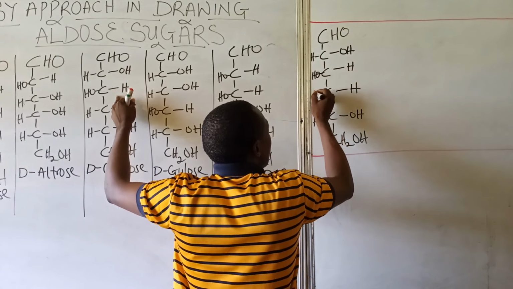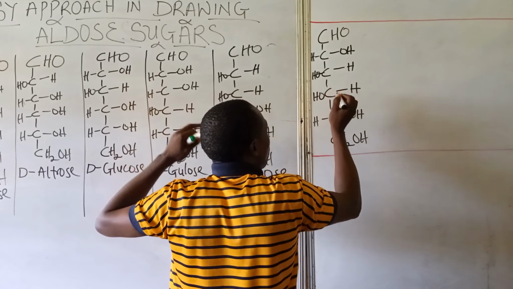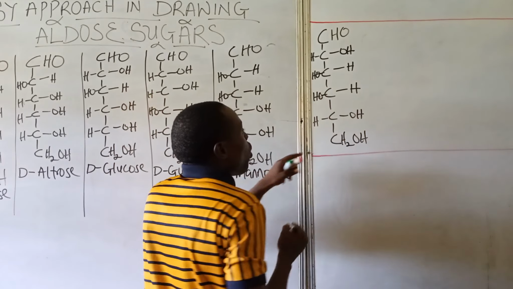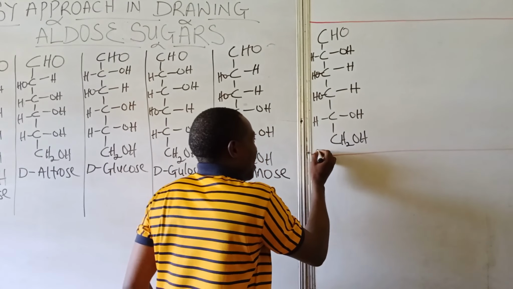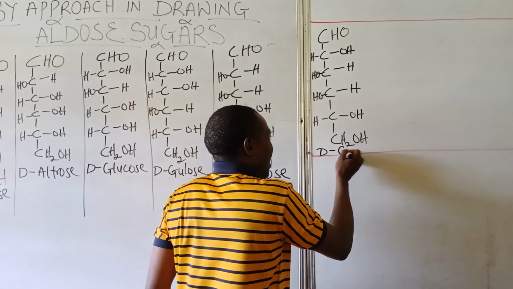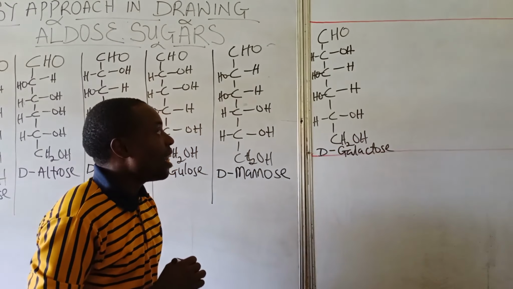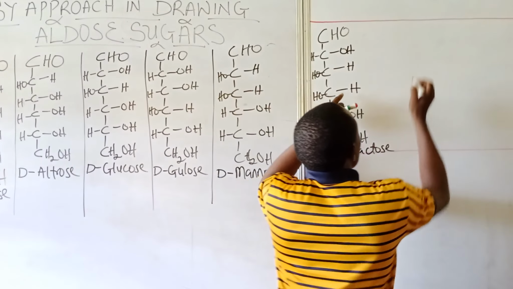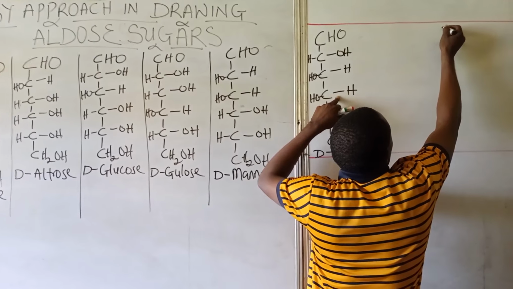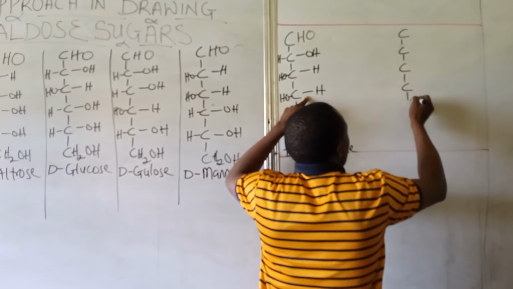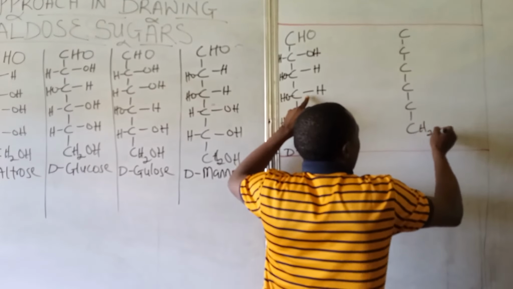It's HO, here is HO. Okay. Now this is what we call D-galactose. They will move straight away to another one of this, 1, 2, 3, 4, 5, then 6.